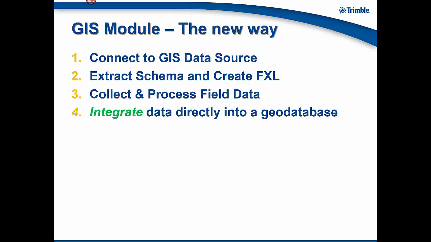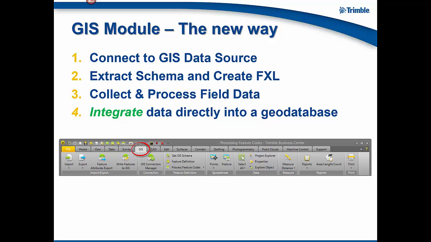Once you have done that, you go and collect and you process your field data. You do all of your QA/QC, and finally, when you are done, you integrate data directly into a geodatabase. So again, the idea is to completely streamline the workflow, minimize rework, and provide that direct integration to a database.